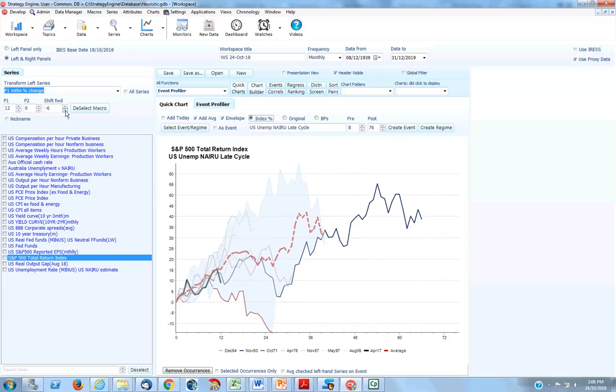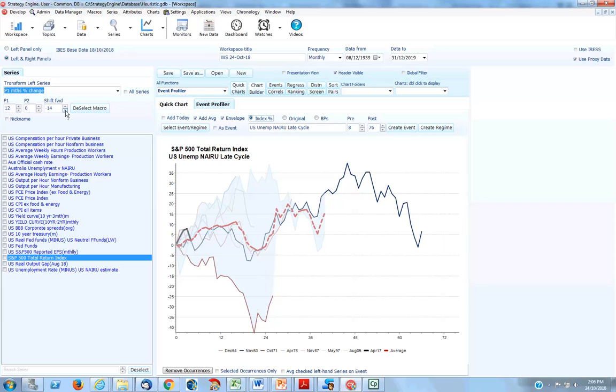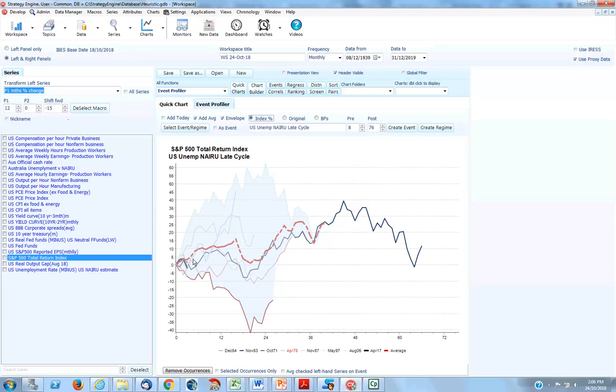If I now push forward about 14 months, you can see this is roughly where we're at the moment, about 2 months into this period. This is where the outcomes start to diverge quite considerably. From this point on, 15 to 17 months into the late cycle phase, we've had a couple of events where the market has turned down quite decisively, certainly the early 70s.